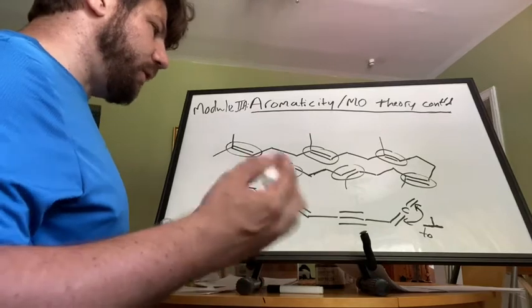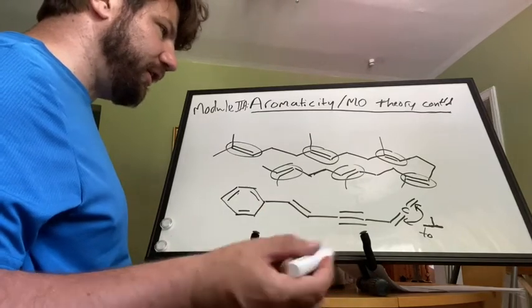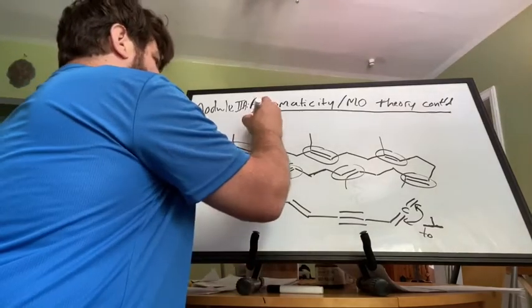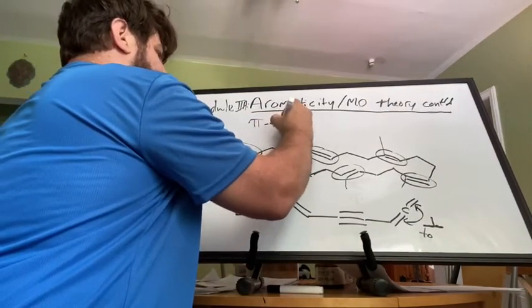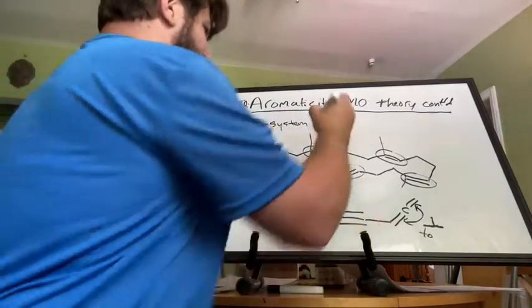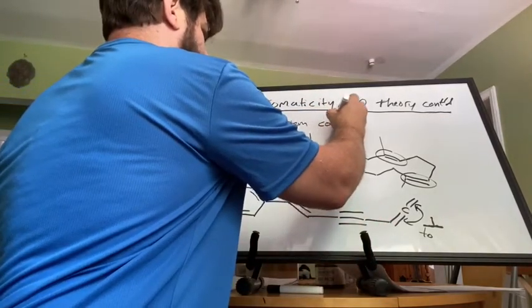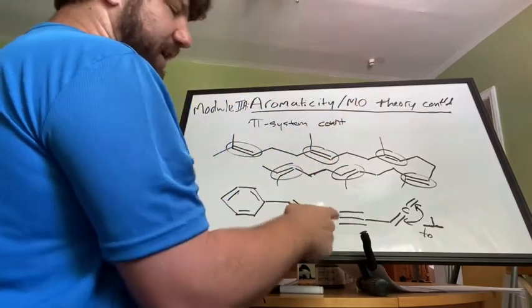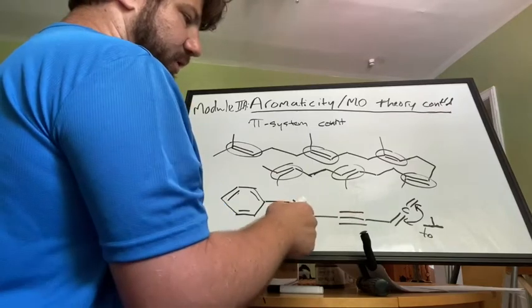Okay, so now I'm going to circle the different pi systems, okay? So this is going to be a pi system count. This isn't a pi electron count, it's a pi system count. Okay, so this is also going to be sp, these two carbons here.